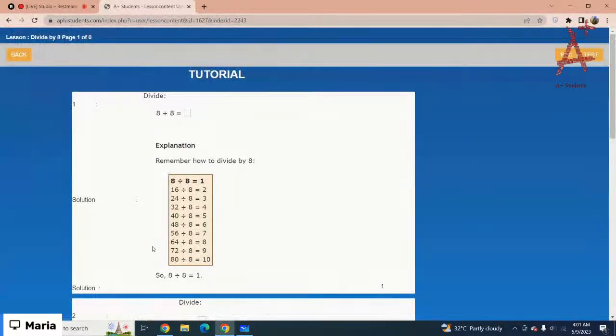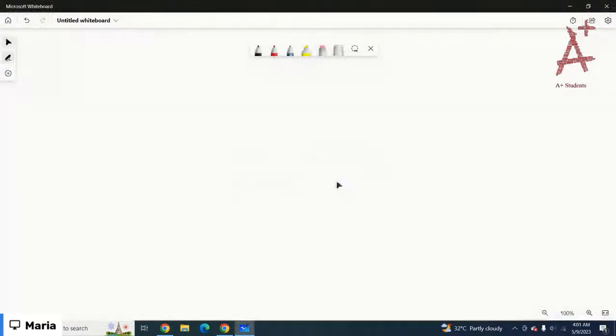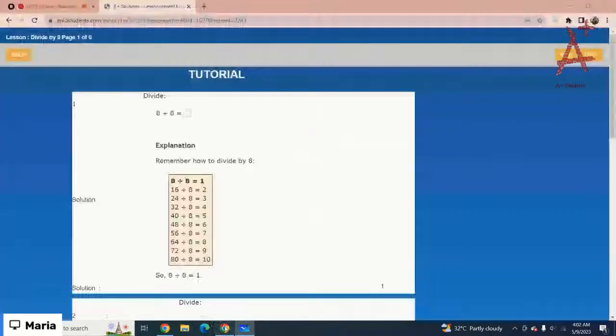What you have to do is count 8 until you get the answer, the table of 8. 8 times 1 is 8. Got it? That means the answer is 1.